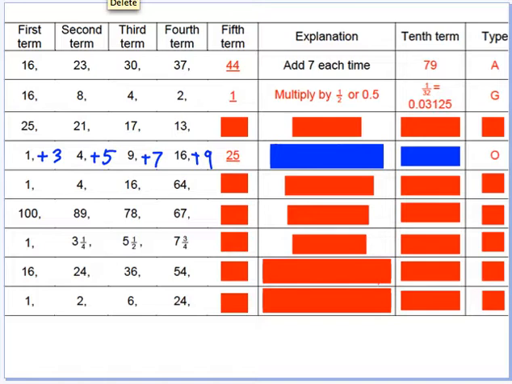So what's happening is I'm adding odd numbers, and I'm not even going to attempt to do that in my head. Let me go grab a calculator. A lot of these odd patterns are very difficult to find out. All right, so I want to find my 10th term. So from 25, I'm going to add 11.